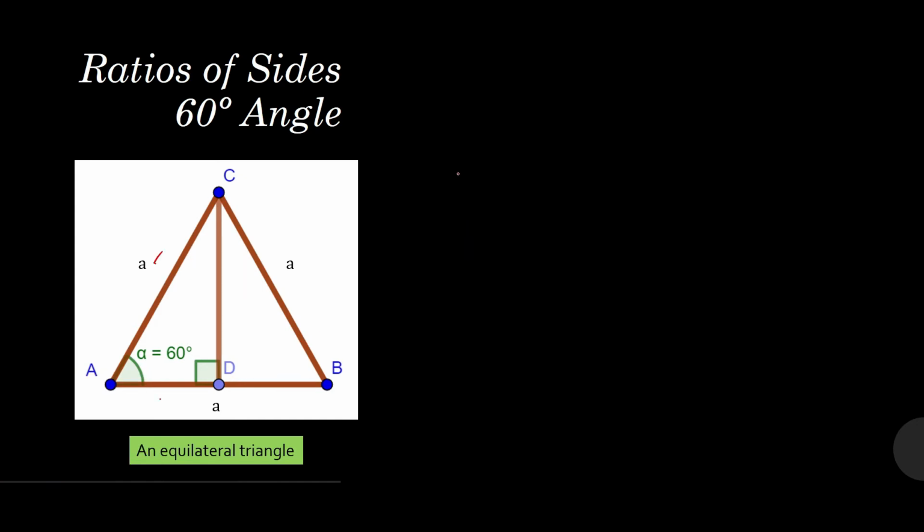So our right triangle now is the triangle ADC. So triangle ADC is a right triangle. We are almost there. But in order to produce the ratios of the sides, we need a measure. What is the measure of the line CD? CD is one leg of your right triangle.